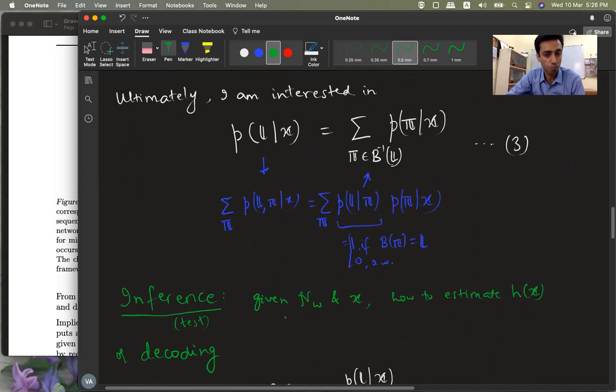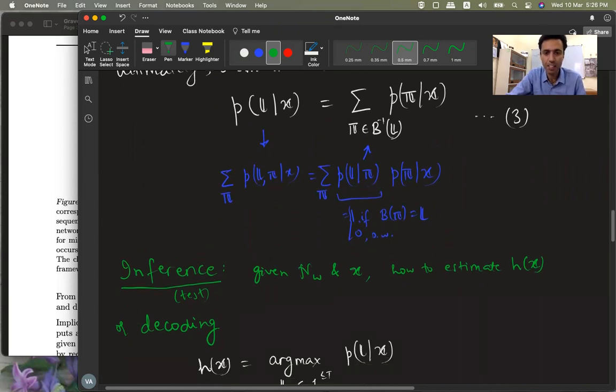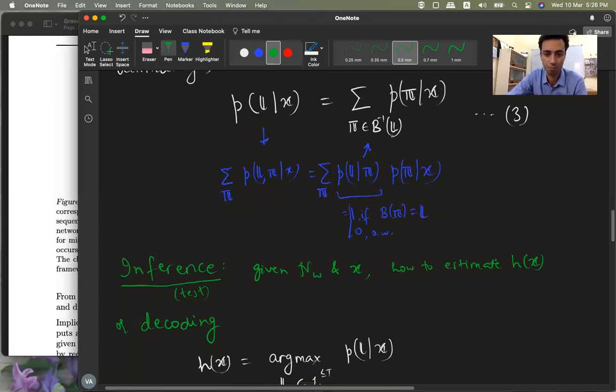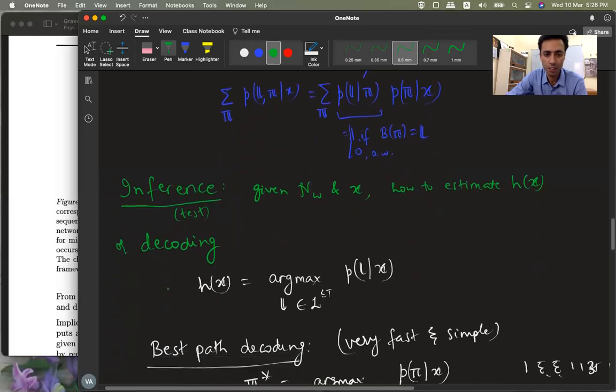Given an unknown speech signal and the model, how do I tell what the person is speaking? So given the network and x, how to estimate h of x, which is basically the labels z, the labels estimated by the ASR system. This is also called decoding.